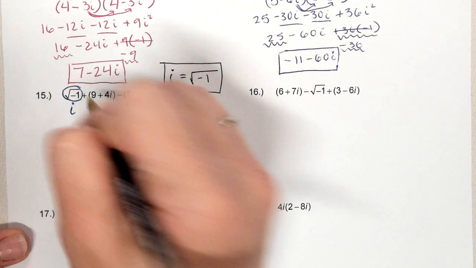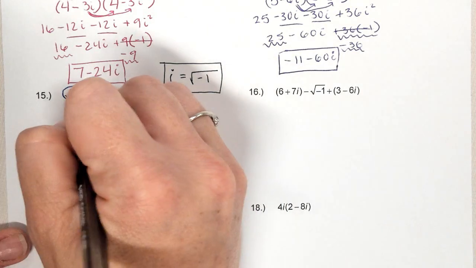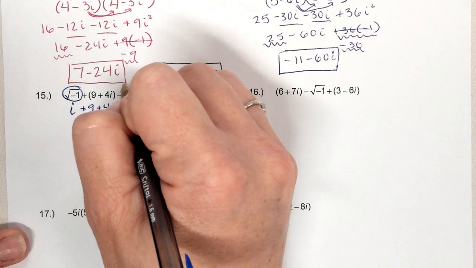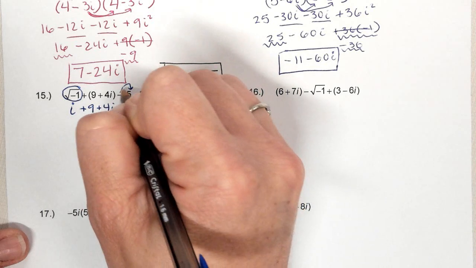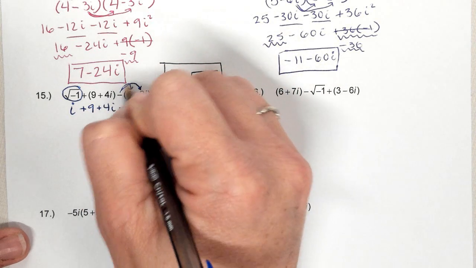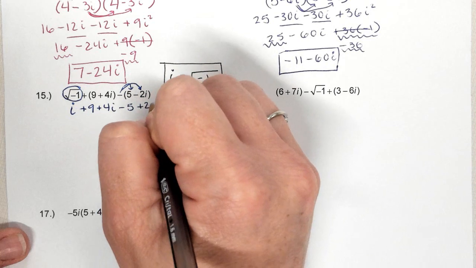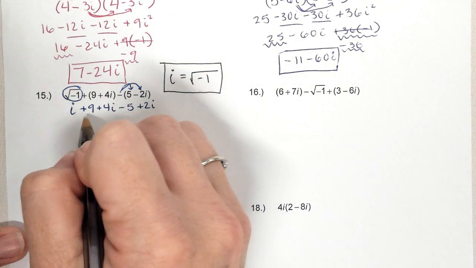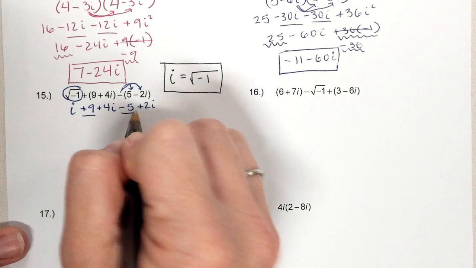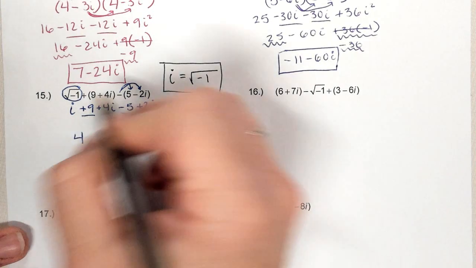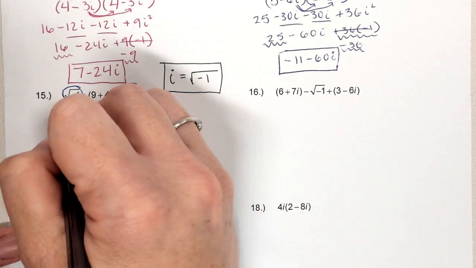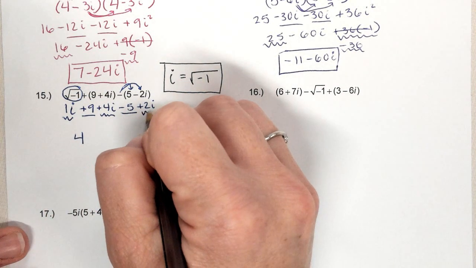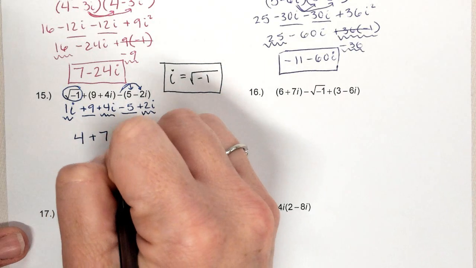There's nothing but a positive in front of this parentheses, so I can drop the parentheses, plus 9 plus 4i. And this one has a negative, so I have to do -5 and minus -2i. Well, minus a negative, two negatives makes it positive. And now I can combine like terms. So my numbers without i first, so 9 minus 5 is 4, and then this is the same as 1i, so 1 plus 4 is 5, 6, 7, so plus 7i.